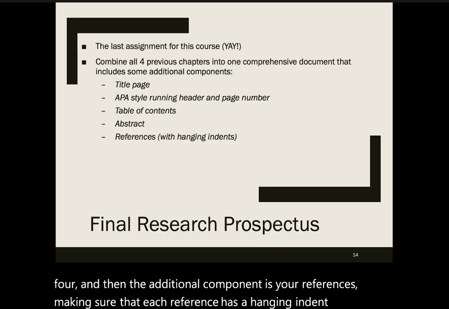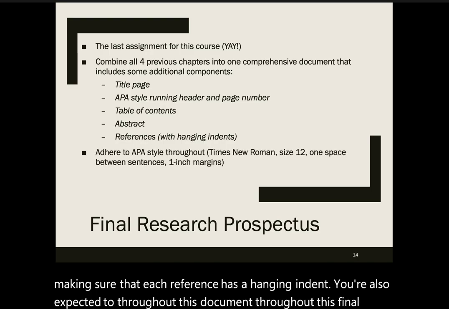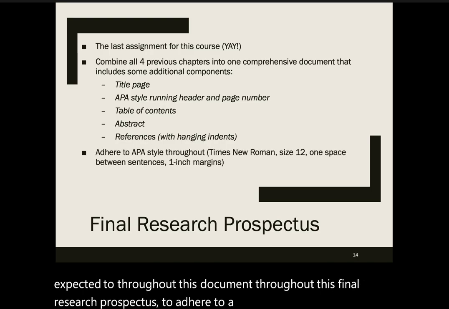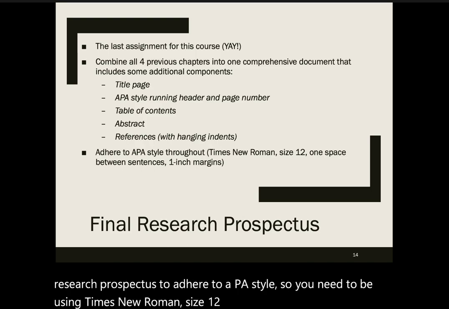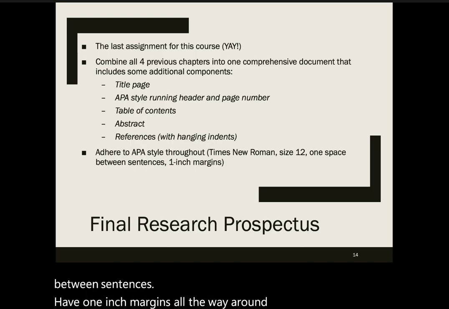You're also expected, throughout this final research prospectus, to adhere to APA style. So you need to be using Times New Roman, size 12 font, utilize only one space between sentences, have 1-inch margins all the way around, so on and so forth.